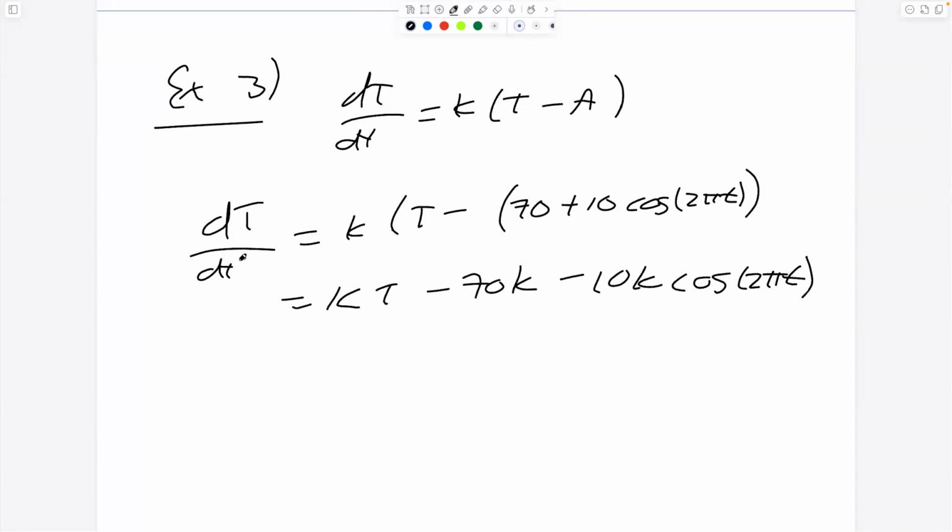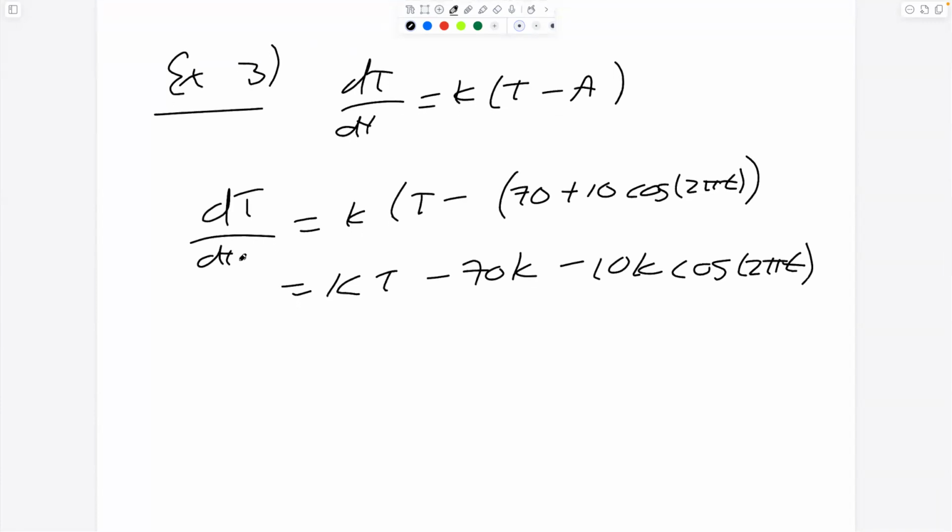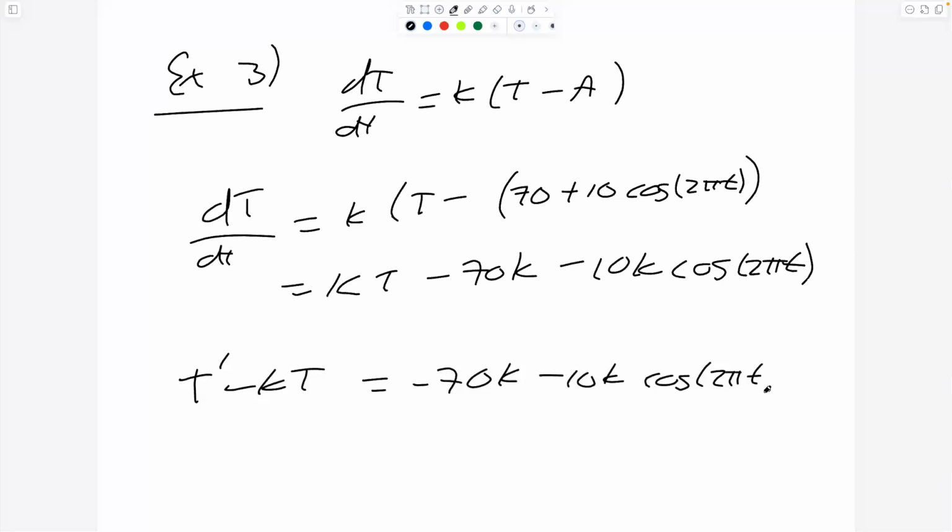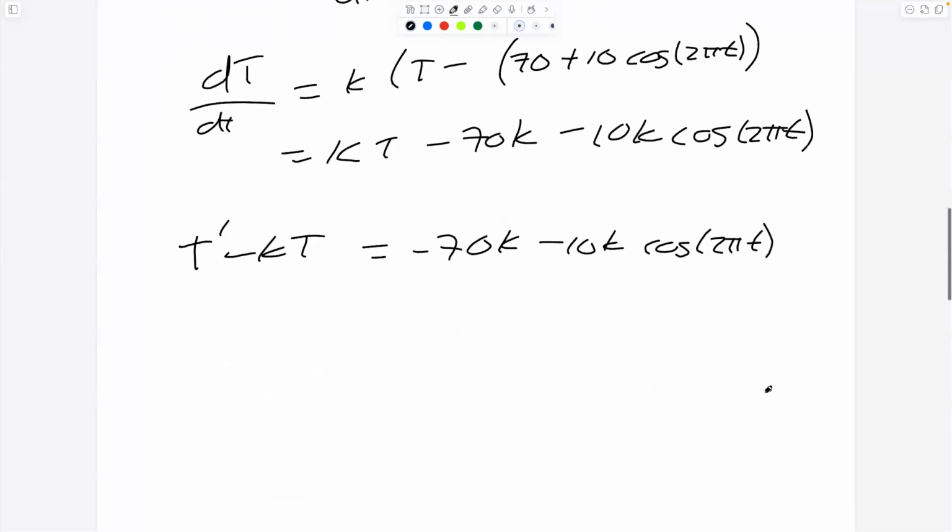No, I would say solve this as first order non-homogeneous. So do T prime minus kT equals all this stuff. You would solve the homogeneous version first. Set this equal to 0.